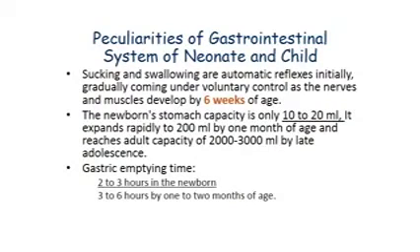Then the other peculiarity is the newborn stomach capacity. At birth, it is just 10 to 20 milliliters, and it expands rapidly to 200 ml by the age of 1 month, and it reaches the adult capacity that is 2 to 3 liters by late adolescence.